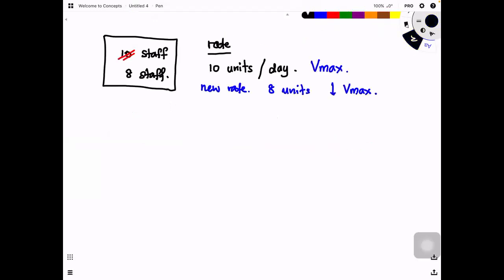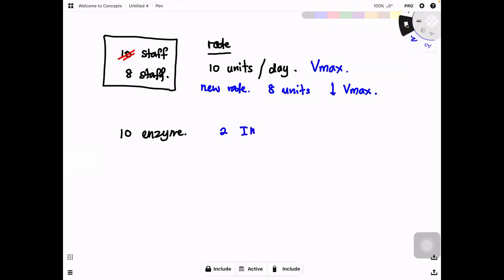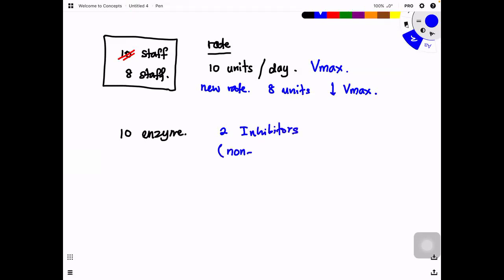So this is similar to my enzyme. At first, I have 10 enzymes, and I have a small number of inhibitor. So I have 2 inhibitors, and this is a non-competitive inhibitor.